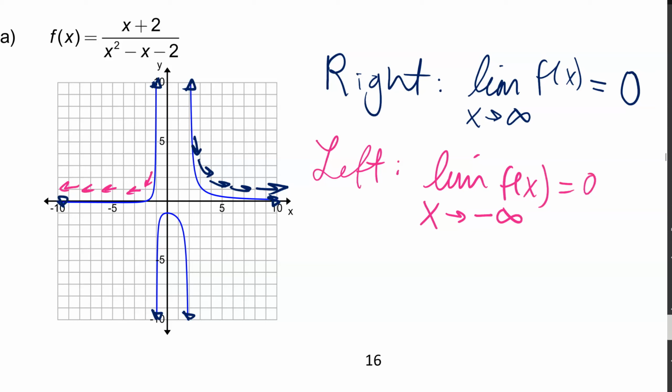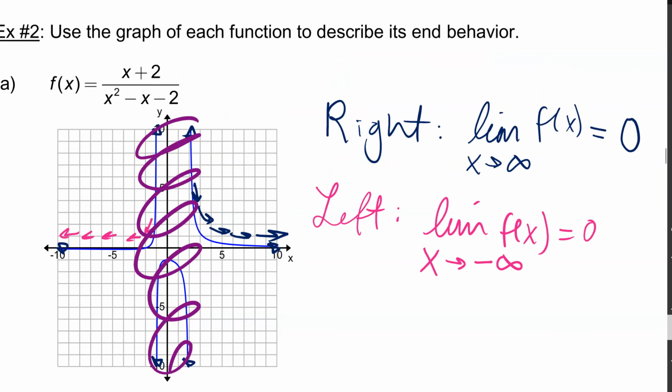Notice we didn't talk about anything here in the middle because we are only looking at the end behavior. It's called end behavior because it's not the middle. As I'm changing my x, the limit is asking what is happening to y. So your answer is always going to be describing what's happening to our y values.